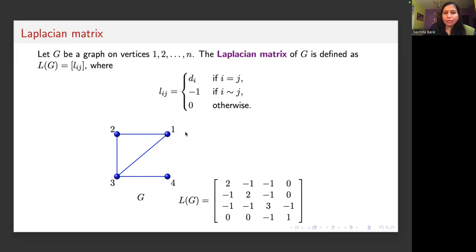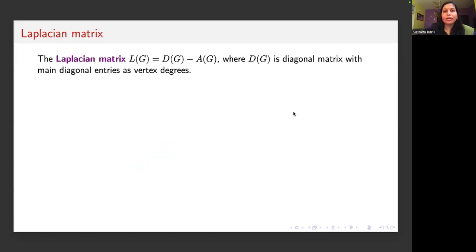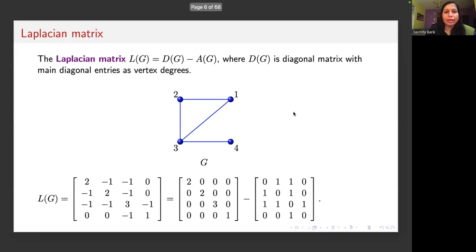Then you can observe that this matrix is nothing but DG minus AG. This way I can express DG, the diagonal matrix with degrees on the main diagonal, and AG, as you already know, is the adjacency matrix. So in some books the Laplacian matrix is defined this way: LG equals DG minus AG.